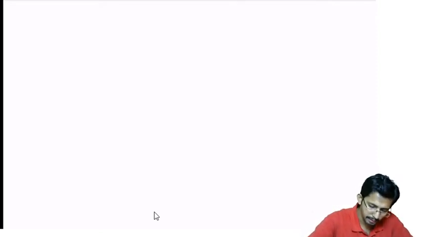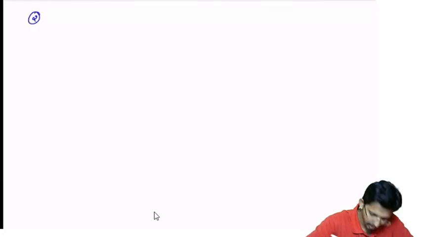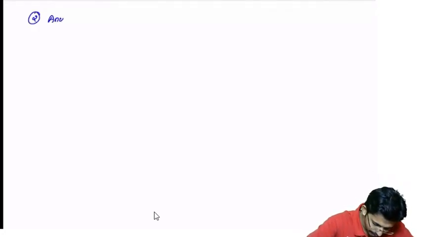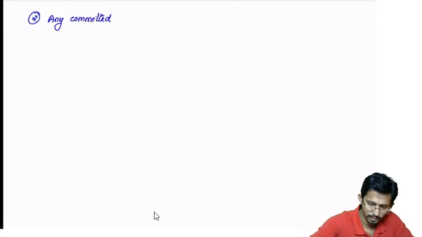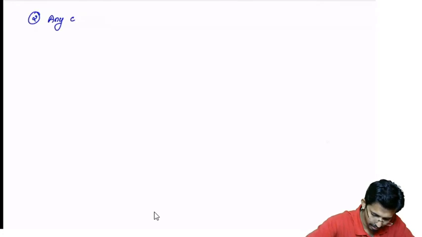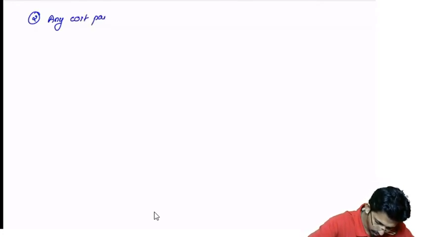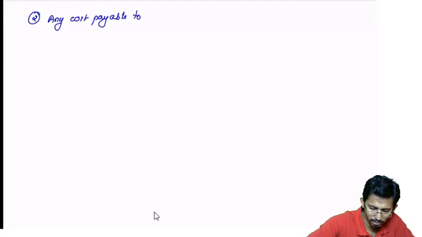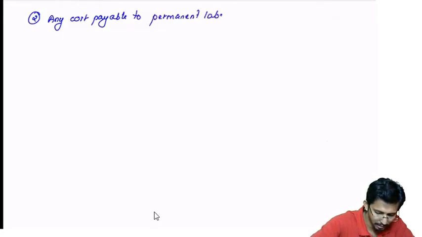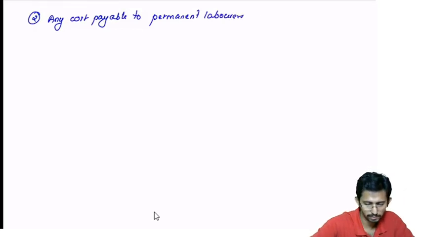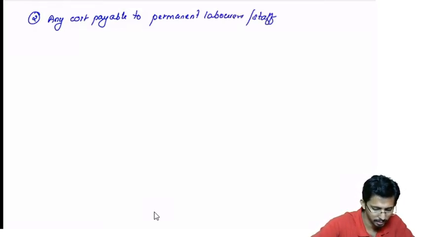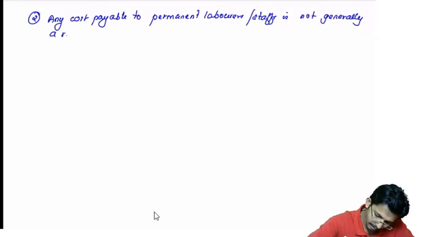Now coming to labor. Labor, any cost payable to permanent laborers or staffs is not generally a relevant cost.